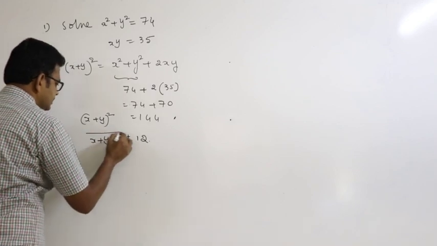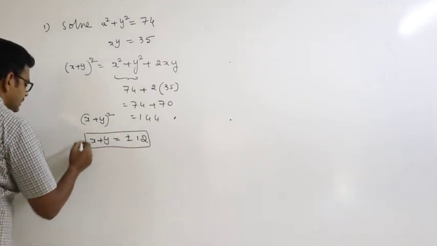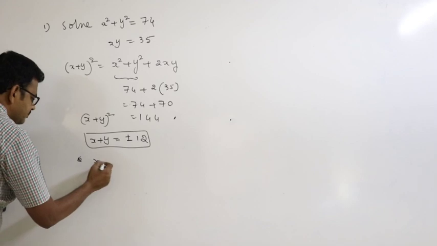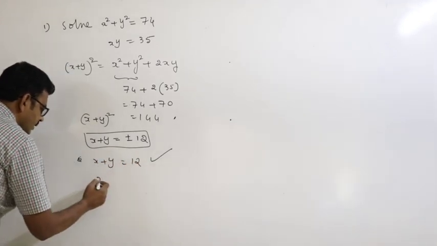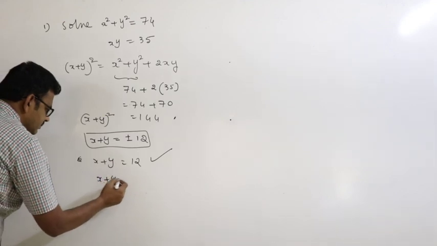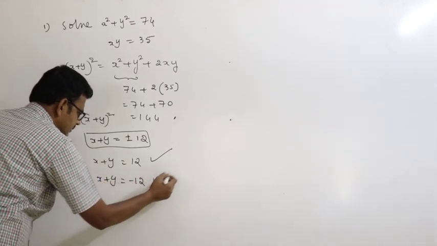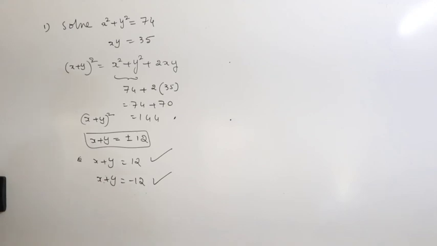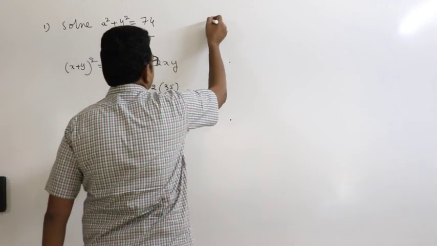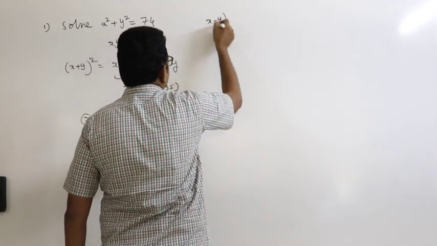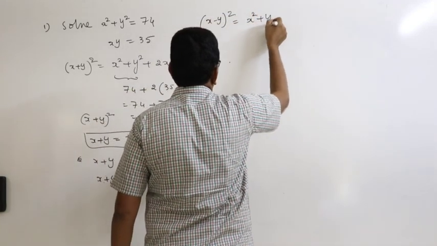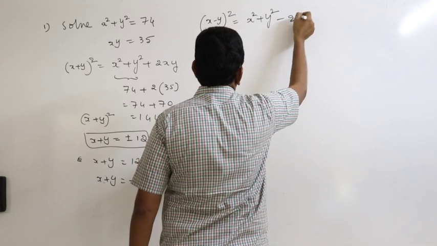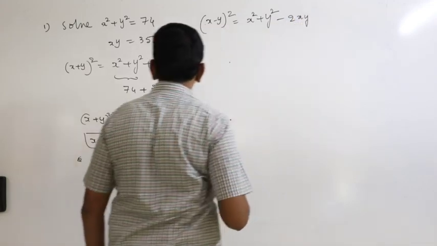That is x plus y is equal to plus 12 is one equation, and x plus y is equal to minus 12, this is one equation. And also x minus y whole square is equal to x square plus y square minus 2xy.